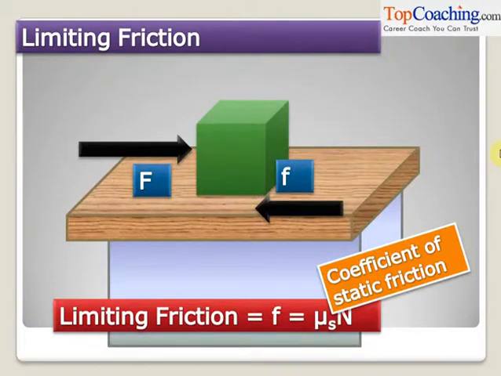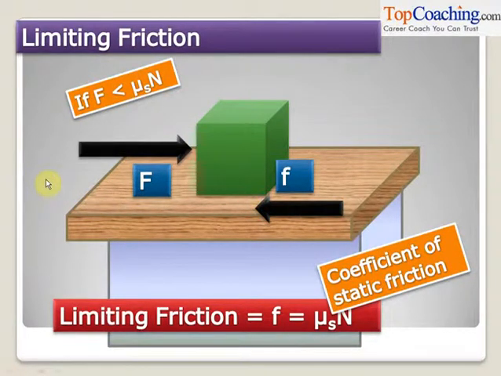This means that the value of μs between this green block and this table could be 0.5 or it could be 0.7, something like that. N here represents the normal reaction between the two surfaces. So the maximum value of friction possible between two surfaces is the coefficient of static friction into the normal reaction between the two surfaces. Understood?